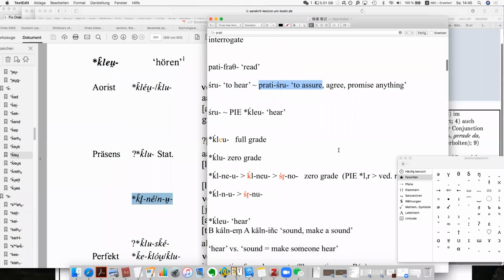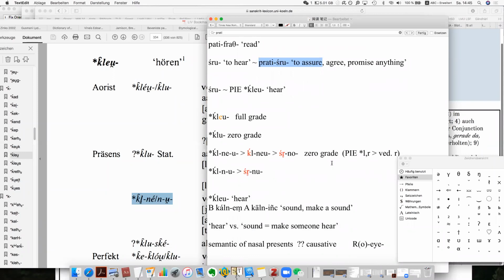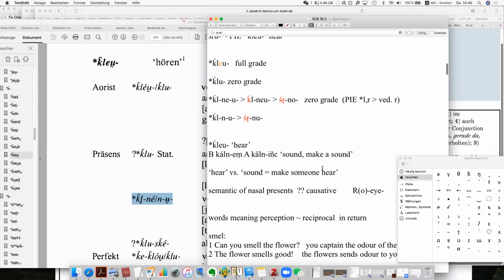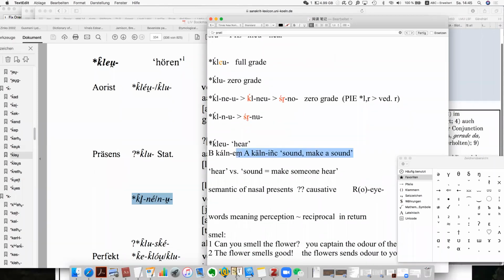And then, we also checked the Tocharian material, because in Tocharian, the form is karnen or kerninch. So it also goes back to the nasal present, kr, no. And I also explained why we have shri no here from this one.